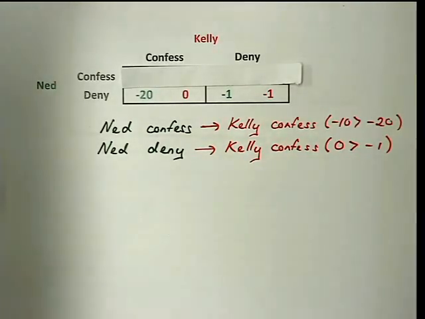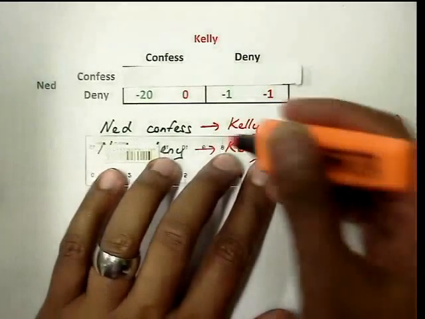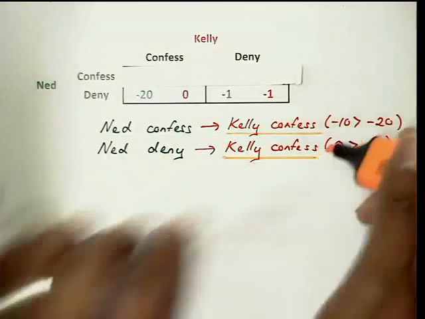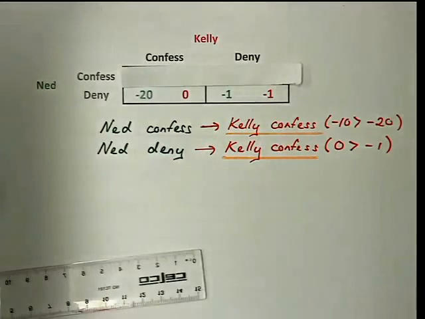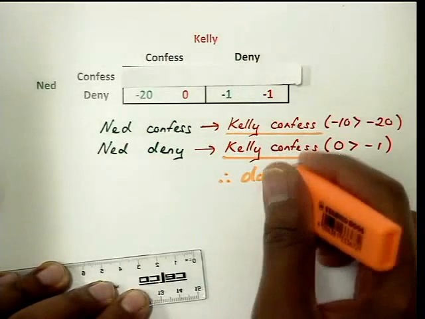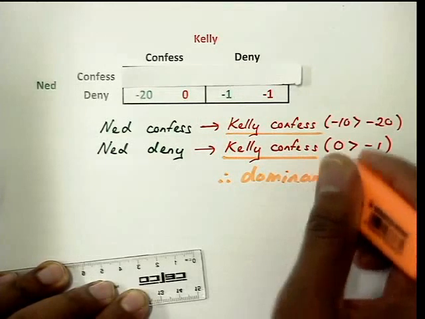Now, as you can see, regardless of Ned's choice, Kelly chooses to confess, regardless. We call this a dominant strategy.